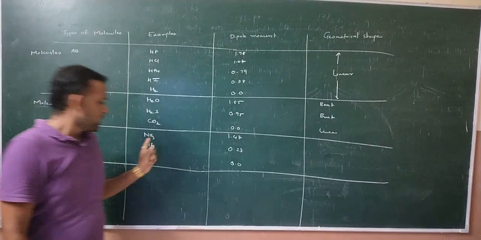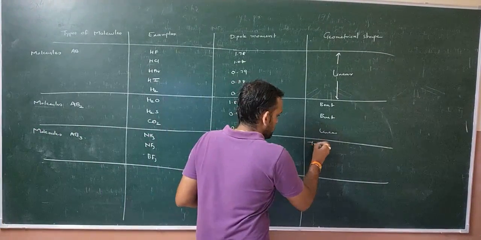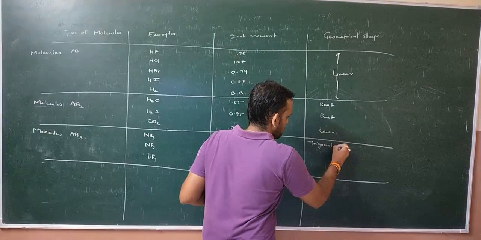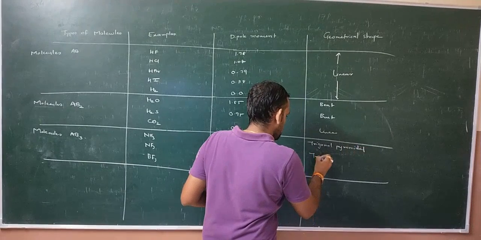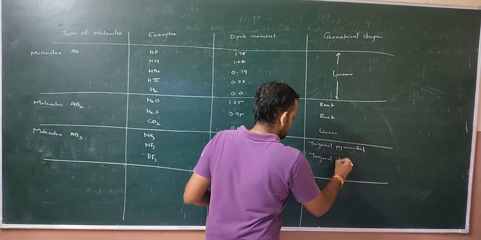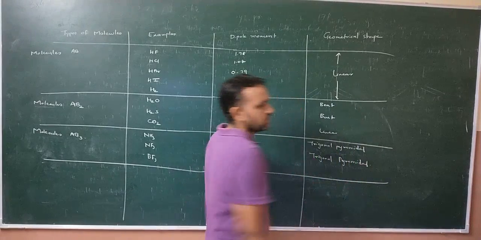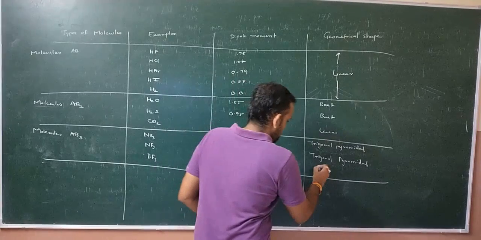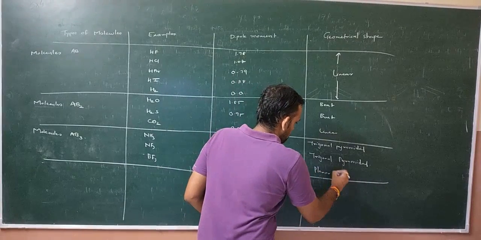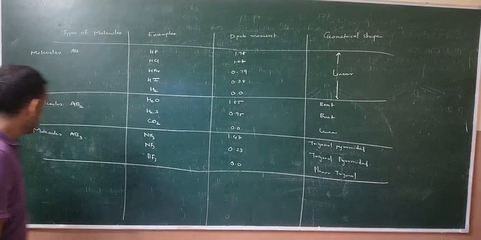So NH3 will be trigonal pyramidal, here also trigonal pyramidal, and the last one is planar triangle.